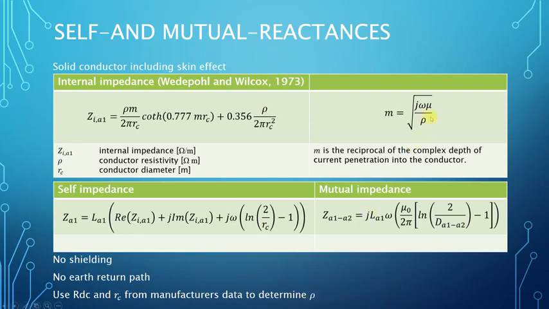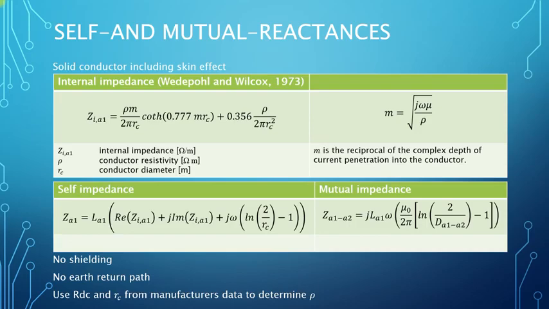We then substitute the conductivity of the material along with the permeability of the material and the frequency at which we wish to do our calculations into this equation here, and this gives us M, which is a complex number, and it is the reciprocal of the depth of current penetration into the conductor.